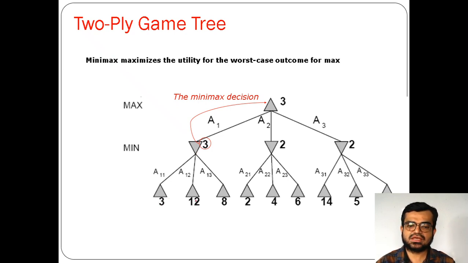So here 3, 12 and 8 are the input values, and among them it selects the minimum value. For example, if I take infinity and 3, which is the minimum value? 3 is my minimum value.